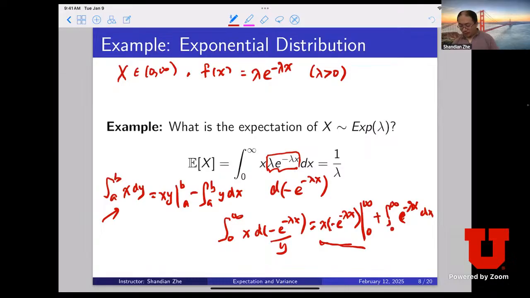How do we see this? We evaluate x times minus e to the minus lambda x where x equals infinity, subtracted by x times minus e to the minus lambda x where x equals 0. That's the definition. So the latter term is simply 0. No one disagrees, right? How about the first term?